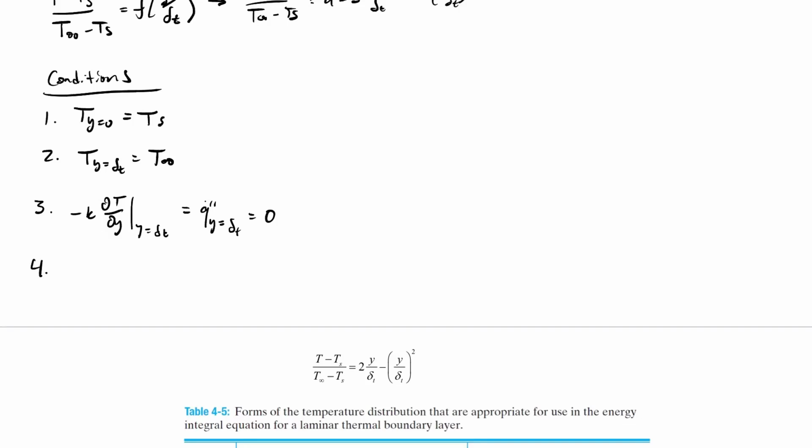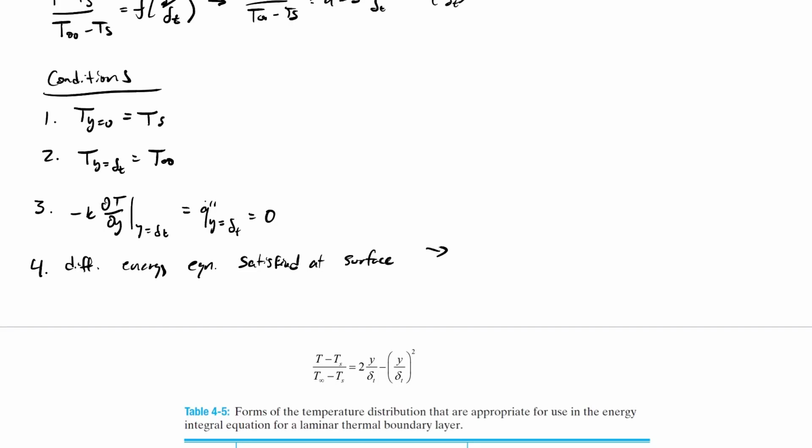The fourth thing, if you want to do that, would be that the differential energy equation is satisfied at the surface.